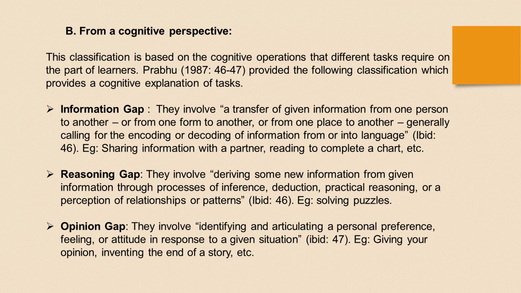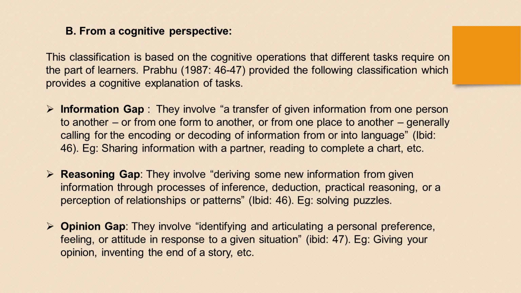This classification is based on the cognitive perspective, that is, it considers the cognitive operations that different tasks require on the part of learners. In his classification, Prabhu distinguishes three main types of cognitive reasoning that are involved in the operations required by these tasks.